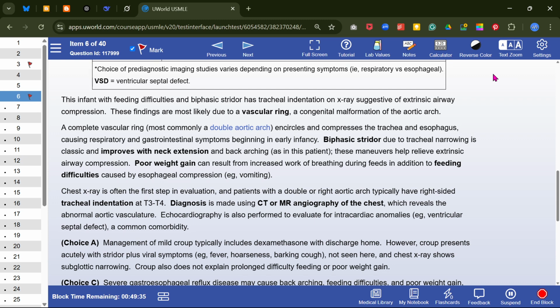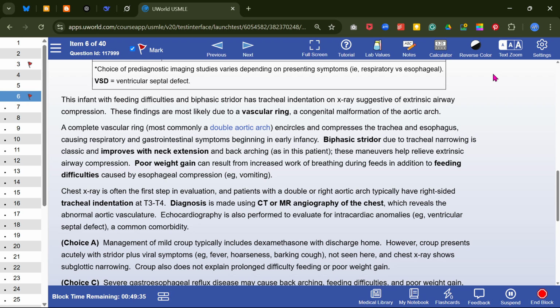These maneuvers help relieve extrinsic airway compression. Poor weight gain can result from increased work of breathing during feeds, in addition to feeding difficulty caused by esophageal compression, vomiting.